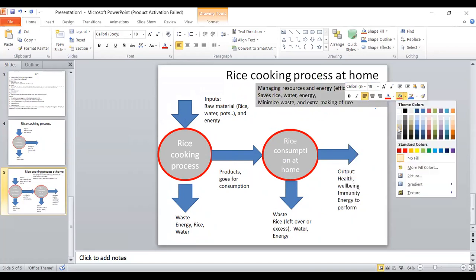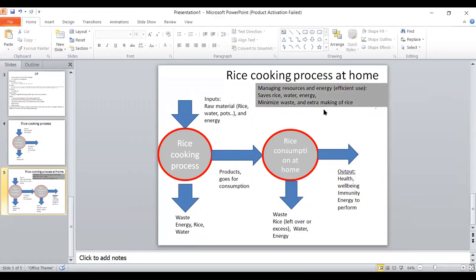Our simple domestic issue: managing resources and energy, efficient use, saves rice, water, energy. Even in our canteen, you can see daily waste.